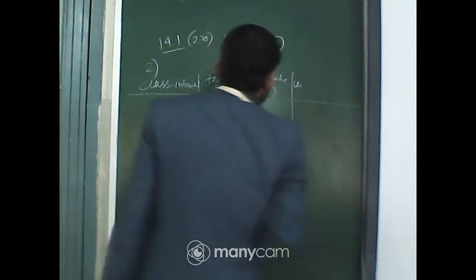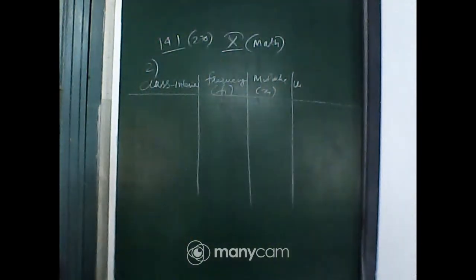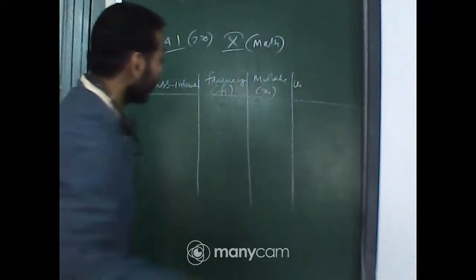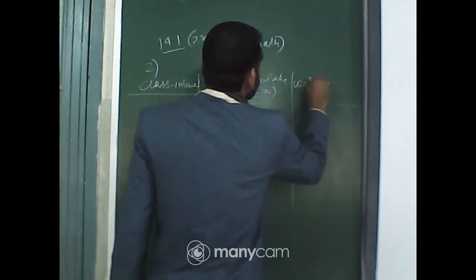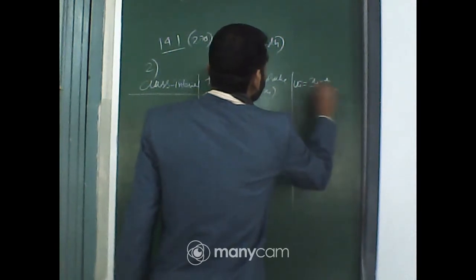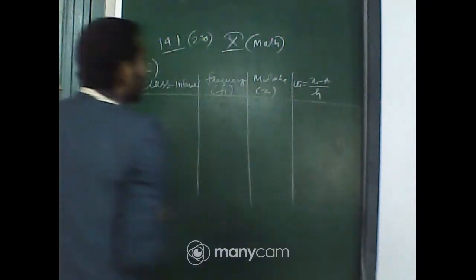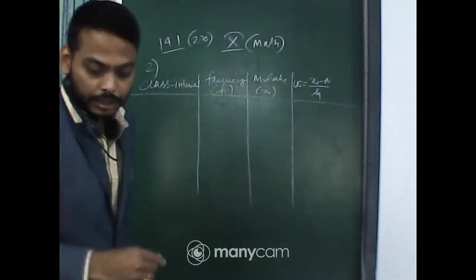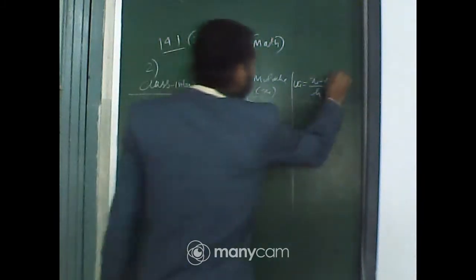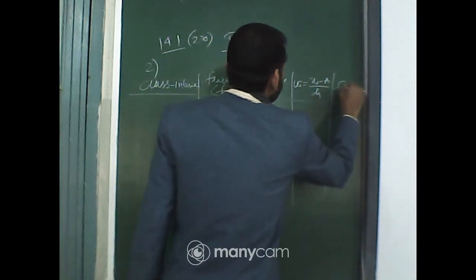Then we have to change the origin, scale change and origin change. There is a formula, that is ui equals xi minus a by h. Here a is the assumed mean and h is the length of each class interval. Then the last one, that is Fi ui.